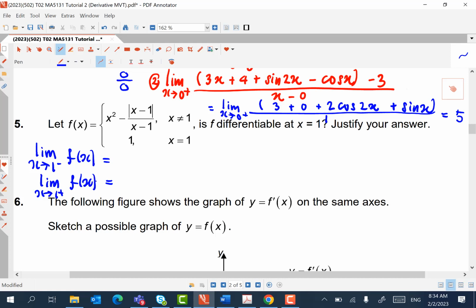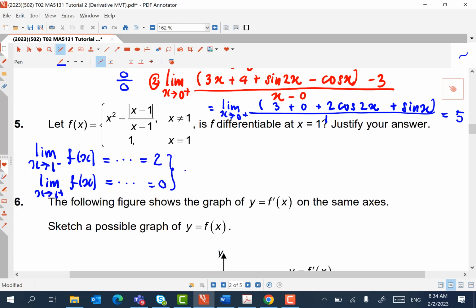From the left, Viresh, what's the answer? Right. From the right.